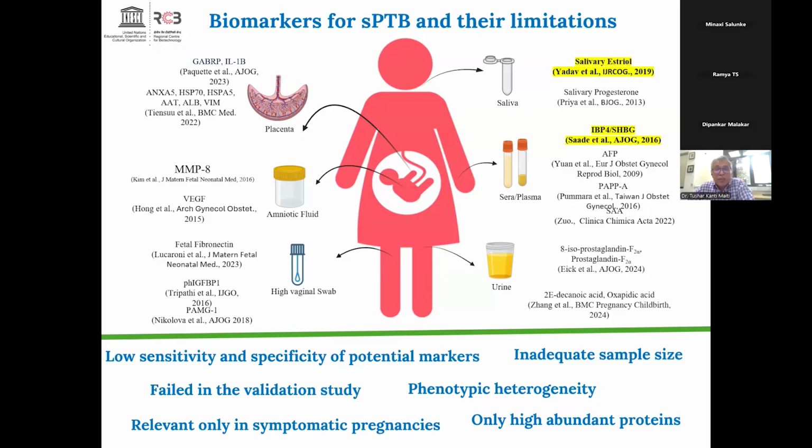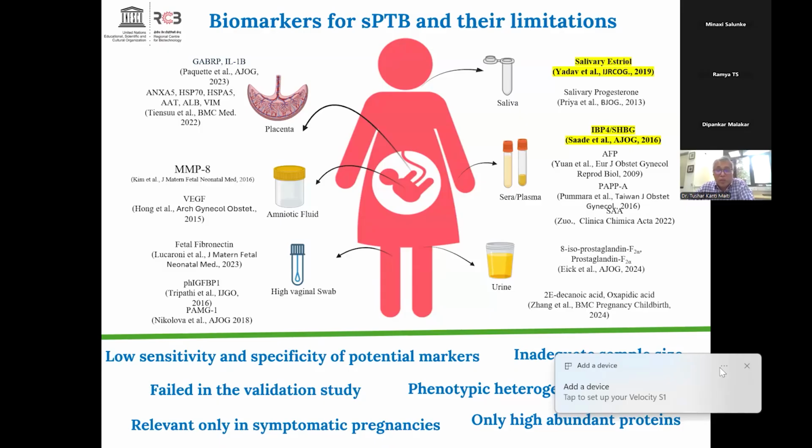Another important aspect is phenotypic heterogeneity. Preterm birth is associated with many other complications, as I mentioned, like gestational diabetes, pre-eclampsia, or intrauterine growth restriction. All these complications are mixed with each other. There are no clear-cut segregated phenotypes for each condition. That's why finding a single molecular marker for this kind of condition will be really a challenge.